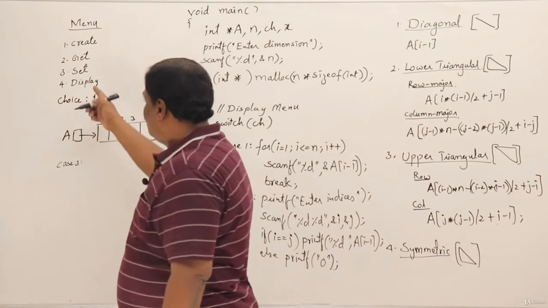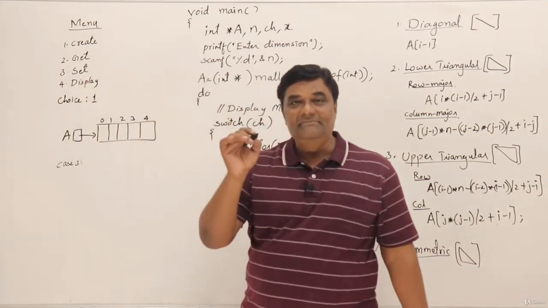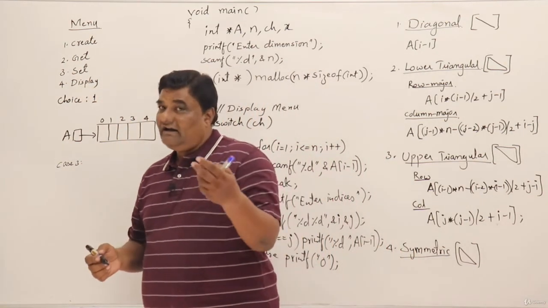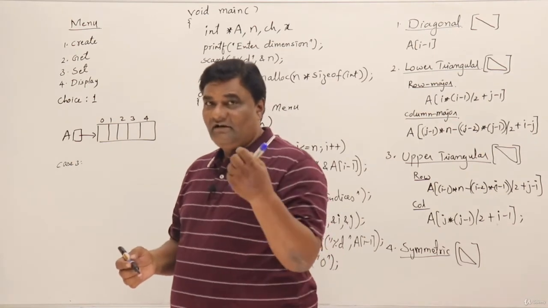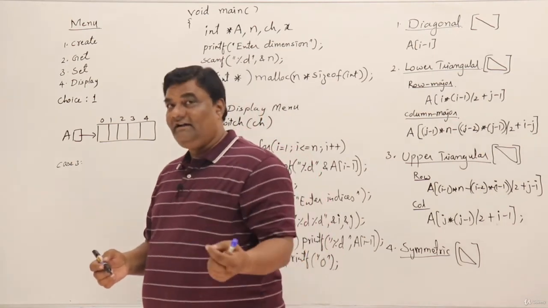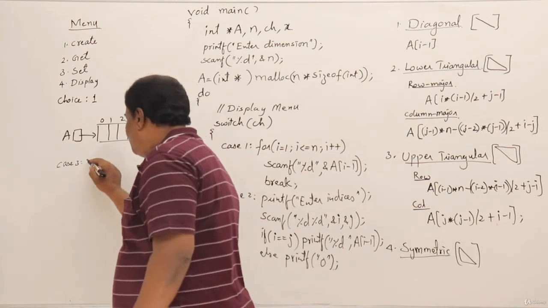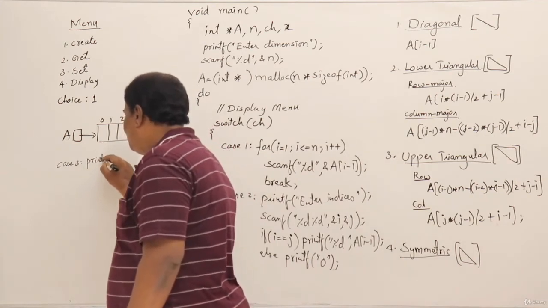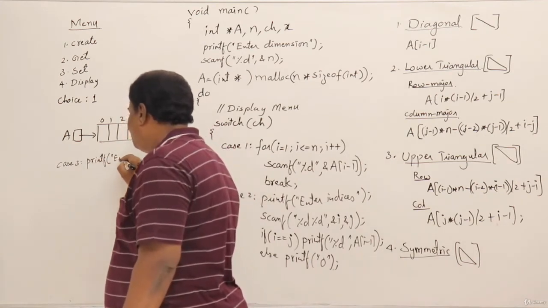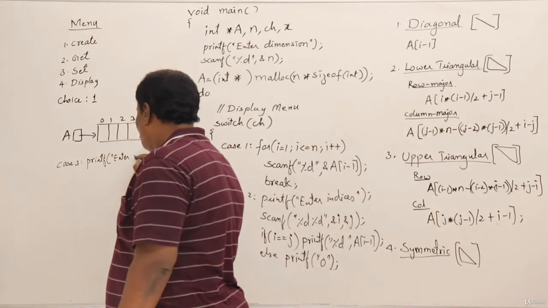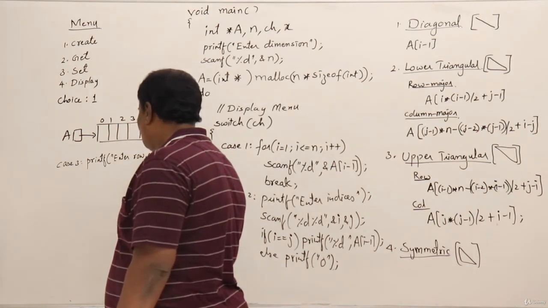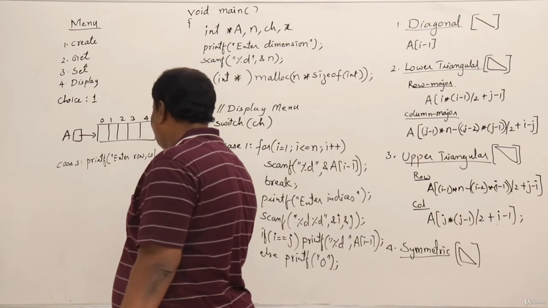Case 3, that is for setting an element at a given index. So I have to take 3 things: row number, column number, and element also. So printf enter row, column, and element.